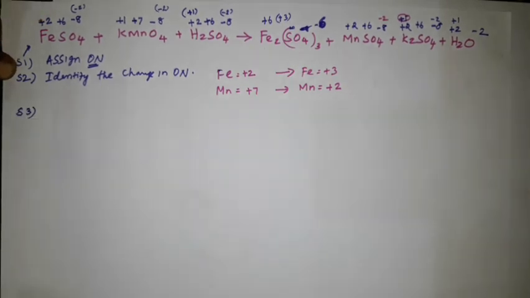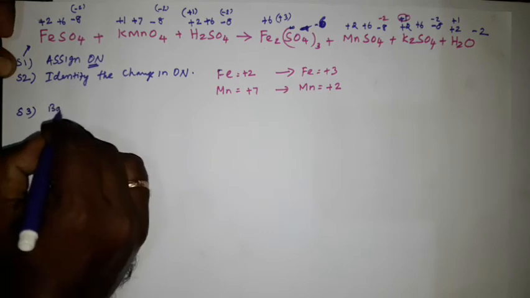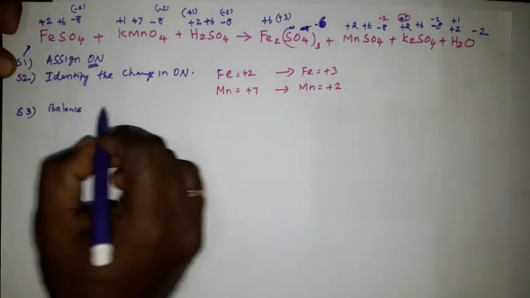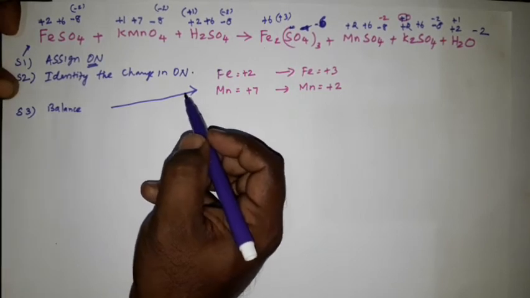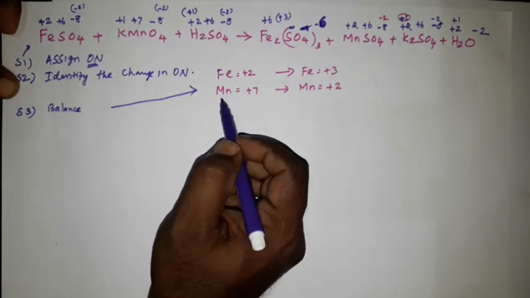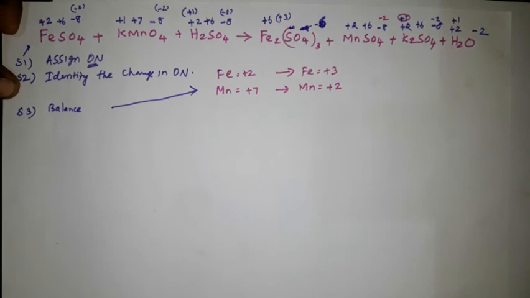In step 3, we are going to balance only the atoms with change in oxidation number, only iron and manganese. Okay. So write the equation again.